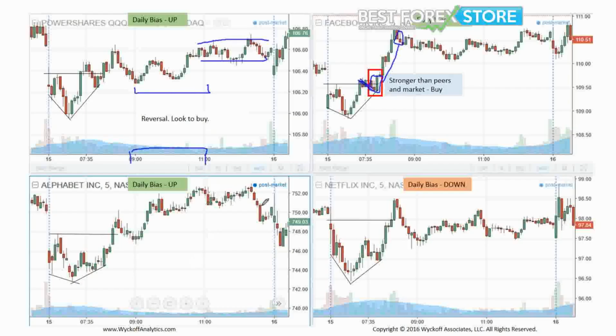So no trades here, no trades here, and see how I'm eliminating some of the unnecessary trades that I would be inclined to do if I didn't have a daily bias, if I didn't understand what the market is doing, if I didn't understand the comparative analysis as well, if I didn't understand the structural analysis at this time frame.